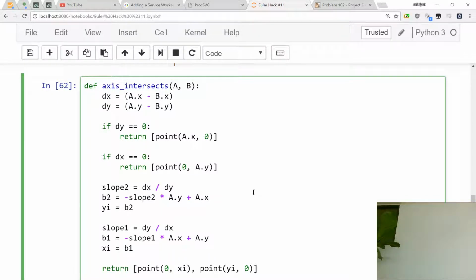We only have to consider this intersect if Cx minus Bx is greater than zero, if that number is between those.